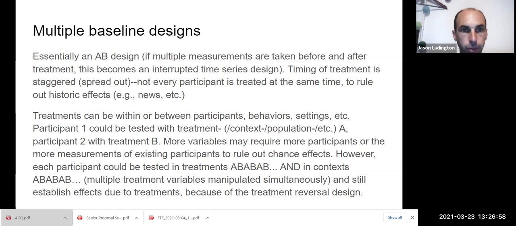Treatments can be within or between subjects. So you can treat people between participants, between behaviors, between settings. In other words, although single subject designs normally treat the same participant repeatedly, it's also possible to do this between subjects.